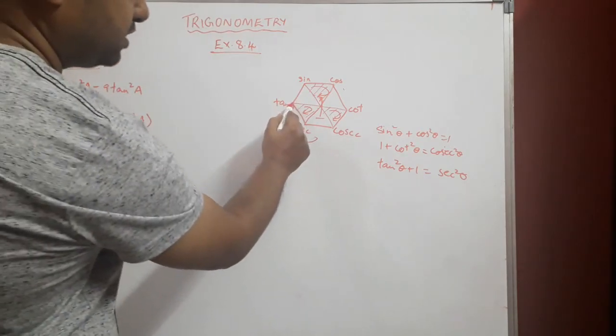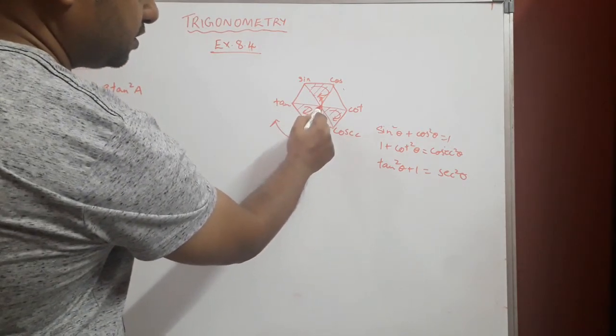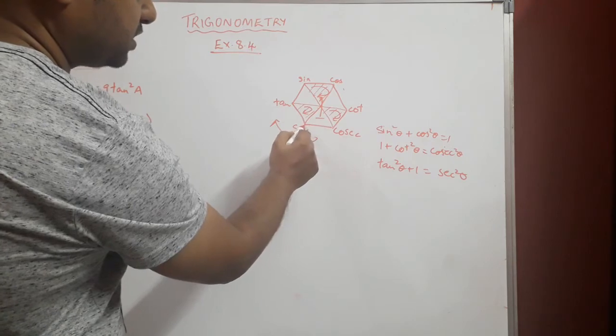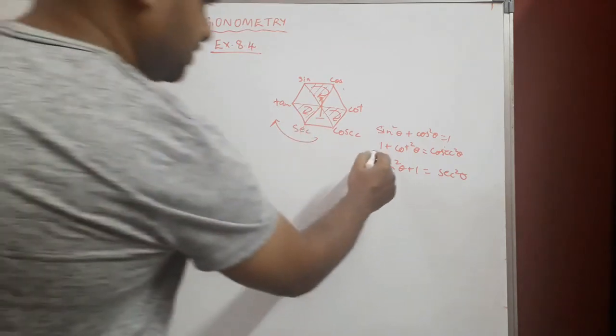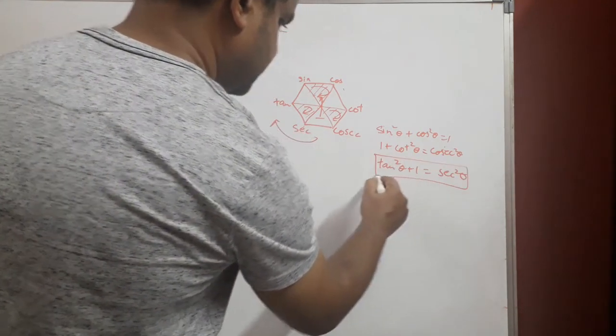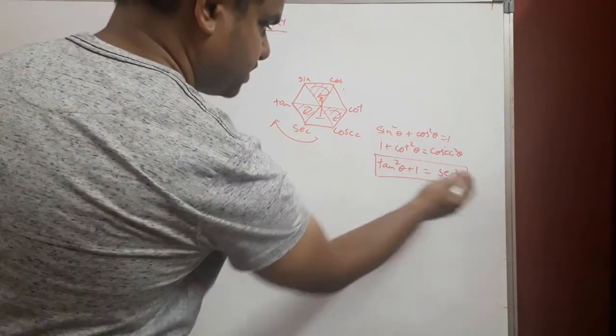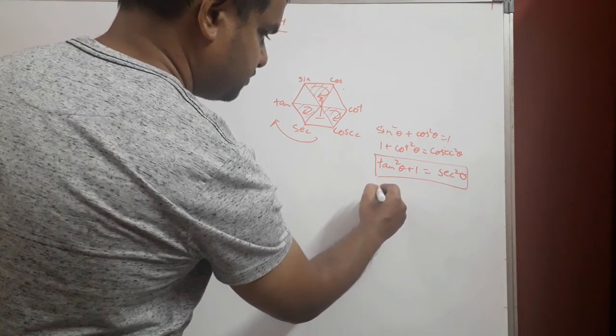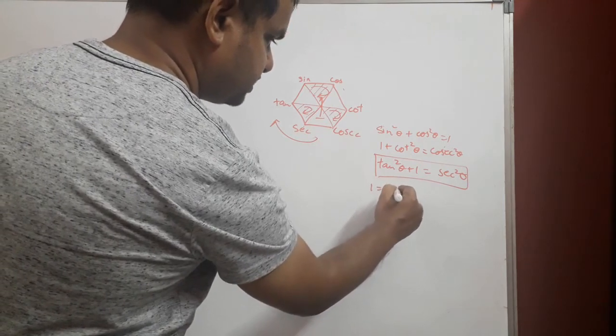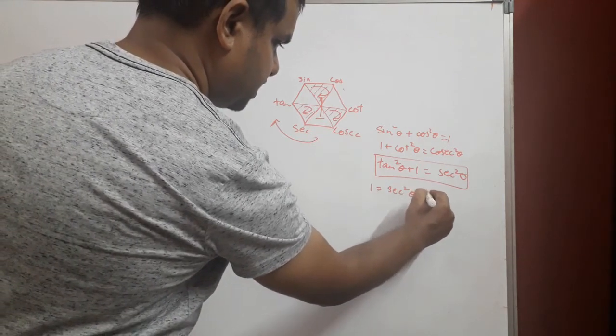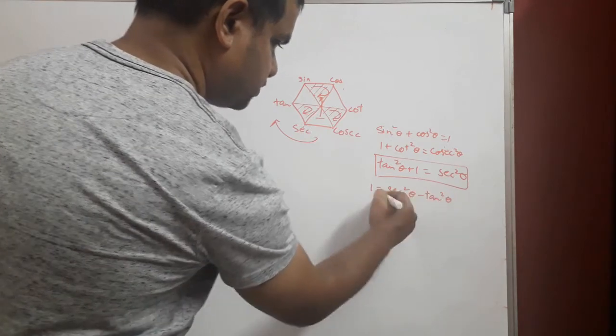This way, tan square theta plus 1 equal to sec square theta. Now we are interested in this particular identity. If I take tan square on the other side, 1 will remain on the left hand side, and we will get sec square theta minus tan square theta equal to 1.